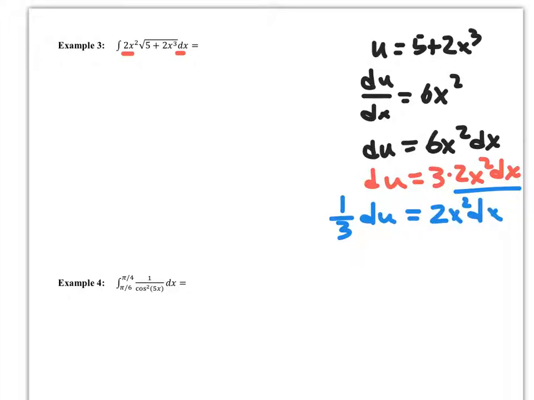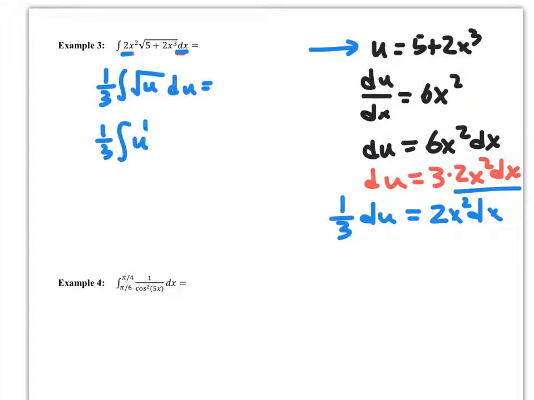I'm going to do a direct substitution of 1/3 du for these items. So this would be 1/3 the integral of the square root of u, right? I did a substitution, times du.